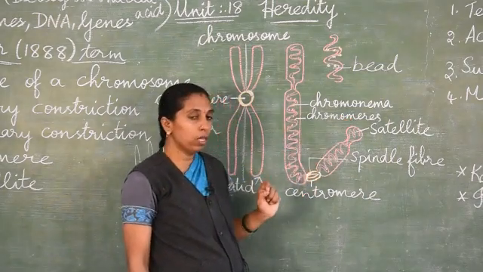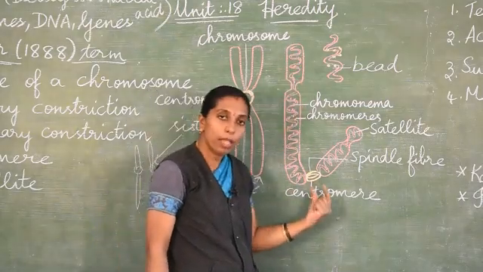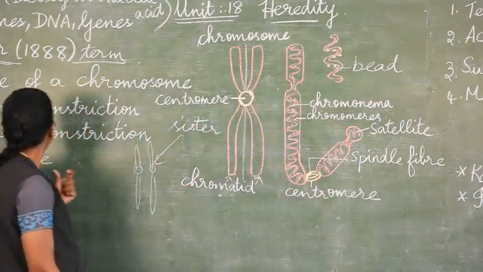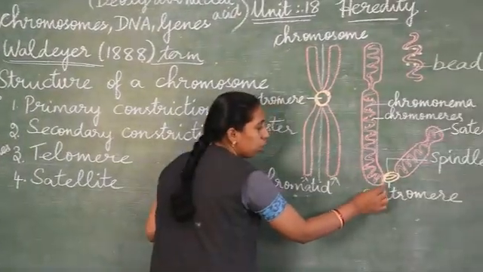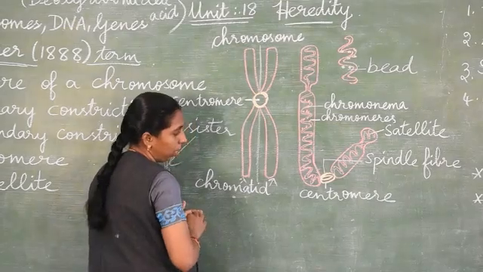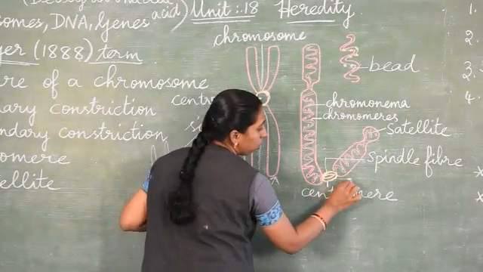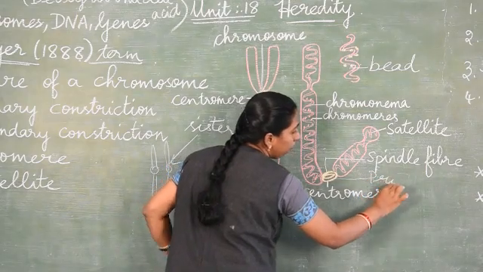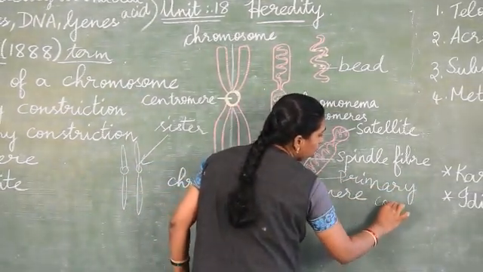Apart from this, there are four main parts in the chromosome. The first one is called the primary constriction. Constriction means a small cutting.